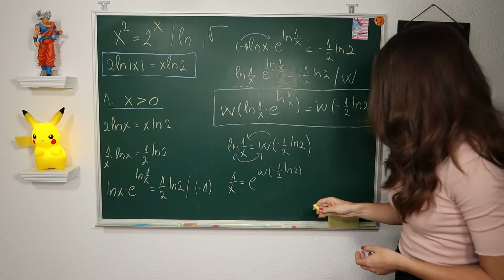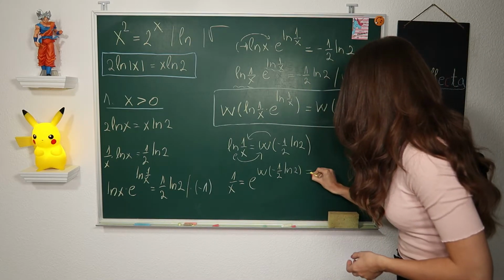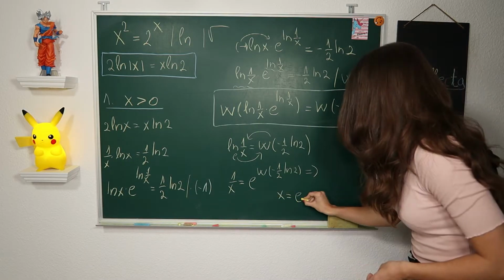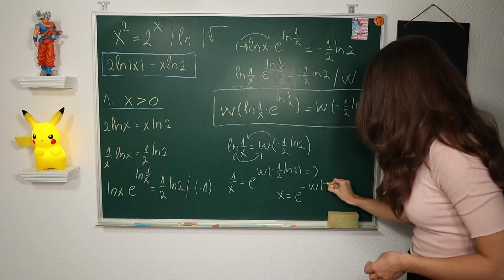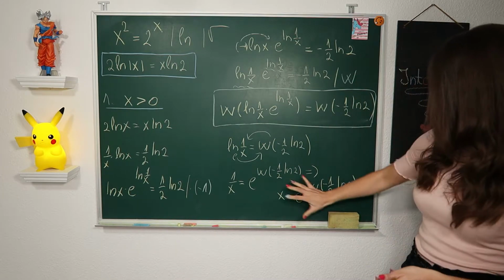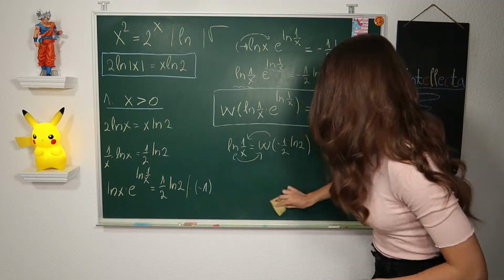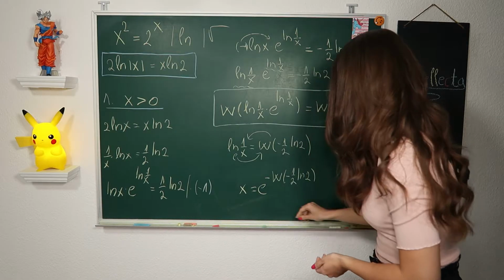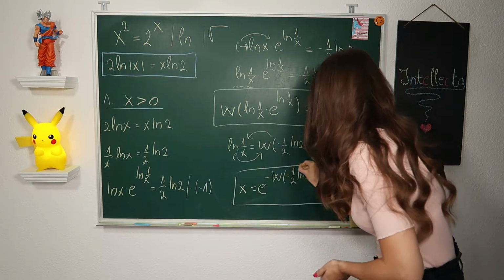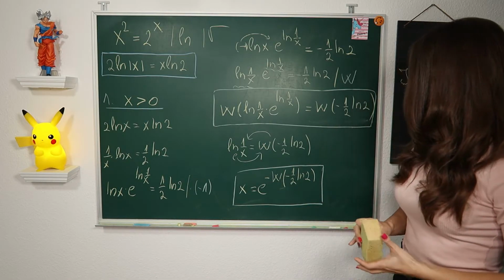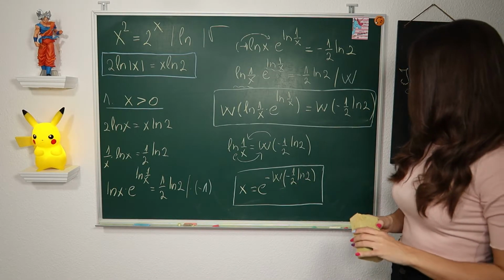And what would be our x? Now we have that our x is equal to e to the -W of -1 over 2 ln 2. So let me write this once again. We got that x is equal to e to the -W of -1 over 2 ln 2.